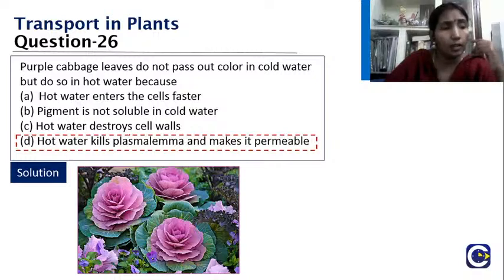The answer is hot water kills the plasma lemma so that it becomes more permeable. They don't destroy the cell wall. It is not like making them not viable. The pigment is not soluble or hot water entering faster, nothing like that. It is just altering the permeability, and so some amount of color is getting lost. So that is the answer.